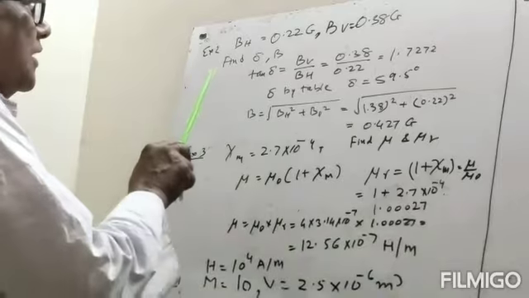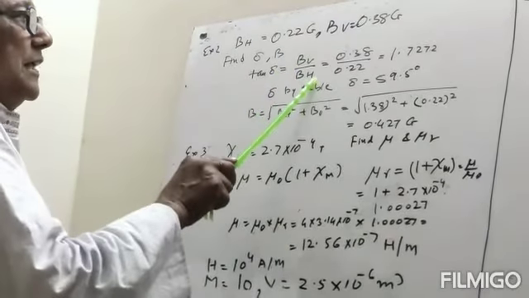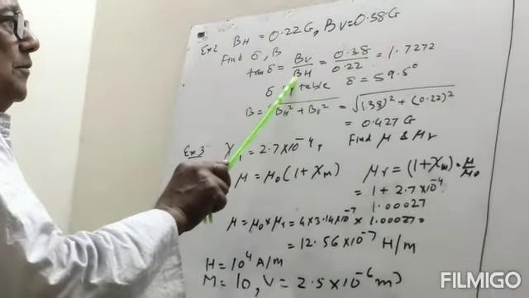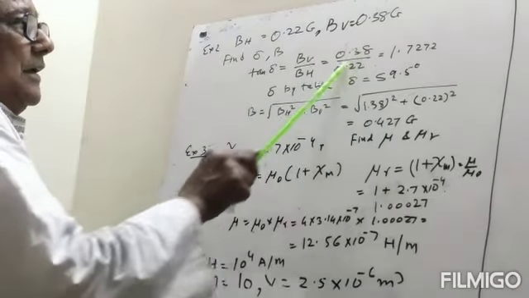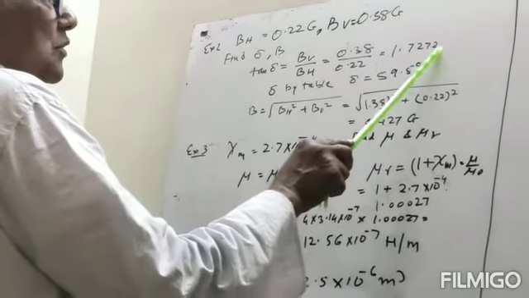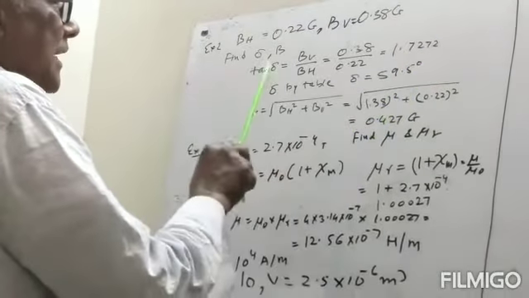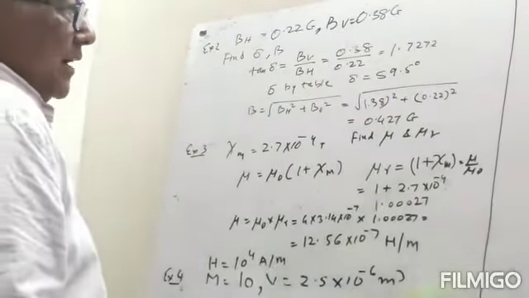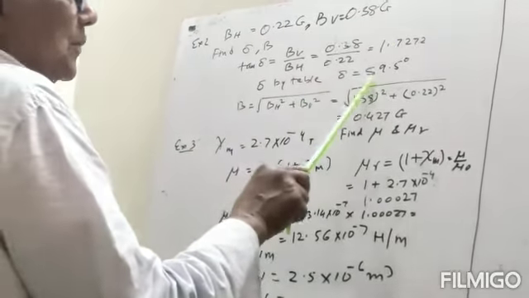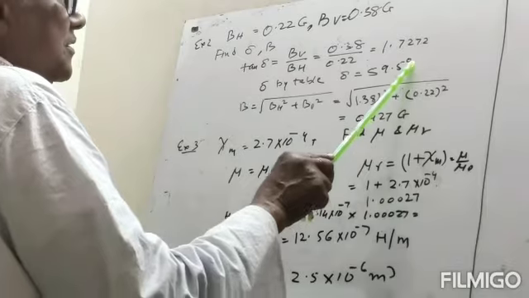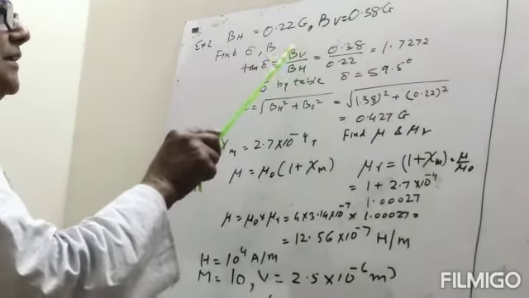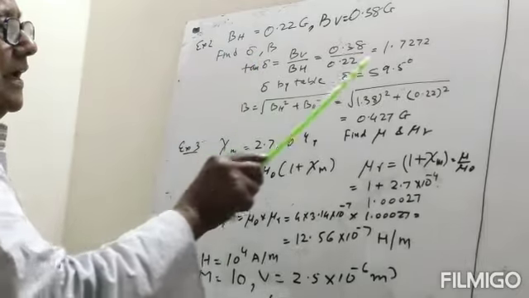We know that tan delta is equal to BV divided by BH. Putting the values, 0.038 divided by 0.022 will be equal to 1.72. So this will be tan delta. From the table we can find the value of delta, and delta will be equal to 59.5 degrees. We know BV and BH, we just divide, that gives tan delta, and delta can be found.